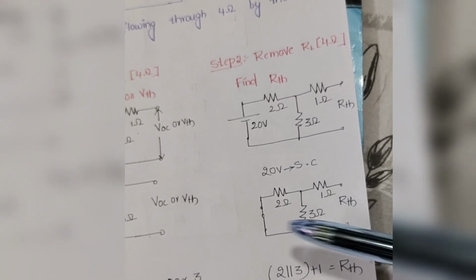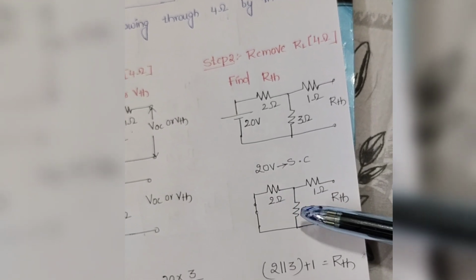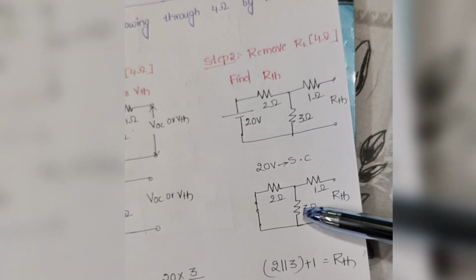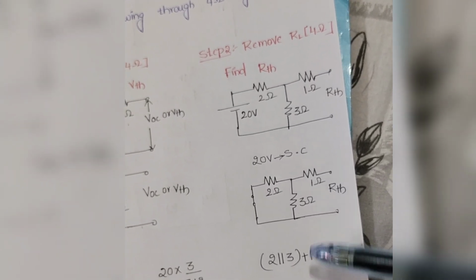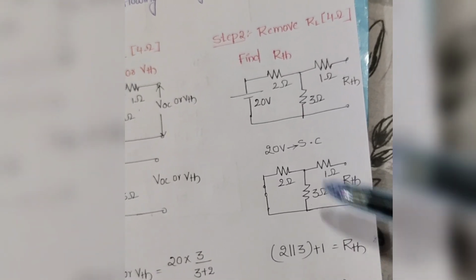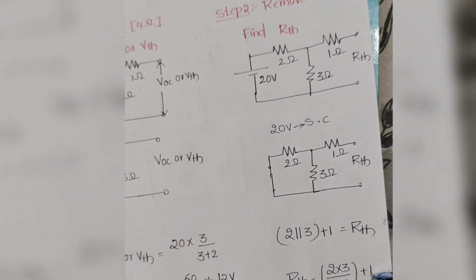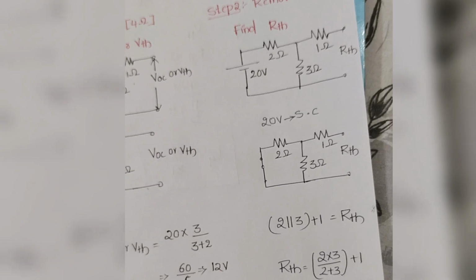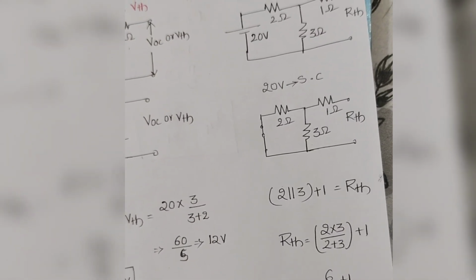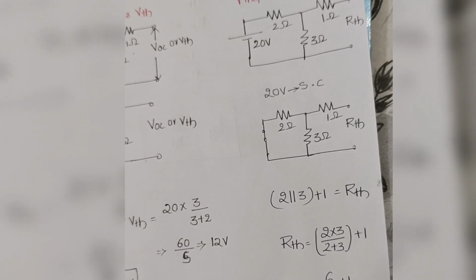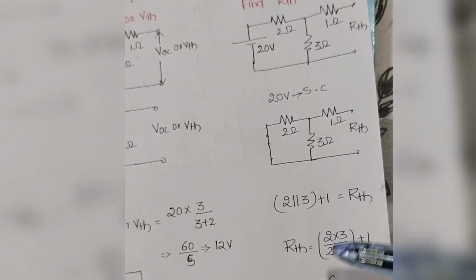The formula is 2 into 3 by 2 plus 3, that is R1 into R2 by R1 plus R2. We apply the parallel resistance formula. Next, that resultant is in series with 1 ohm, so resultant plus 1 ohm. The total RTH value is 11 by 5 ohms. So the second step is completed for Thevenin's theorem.